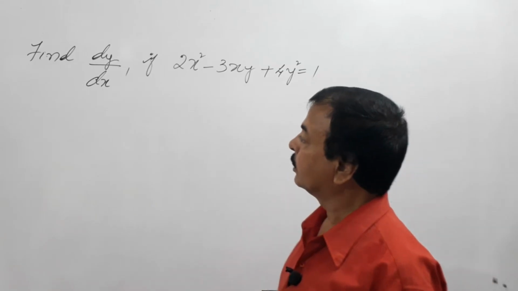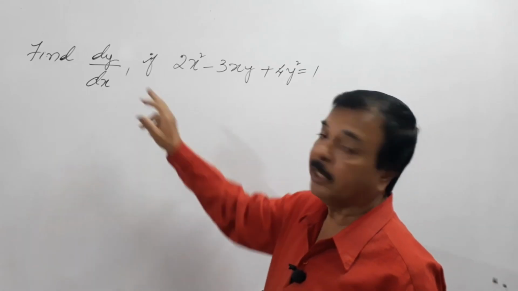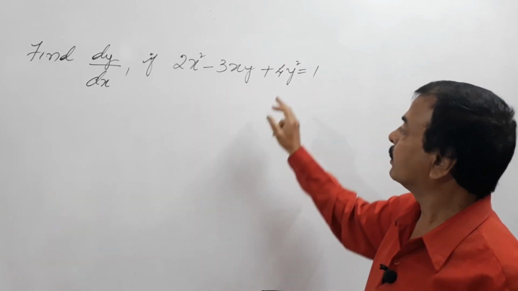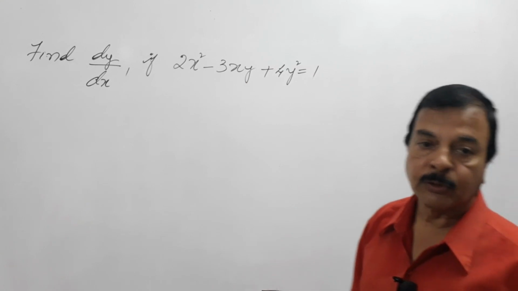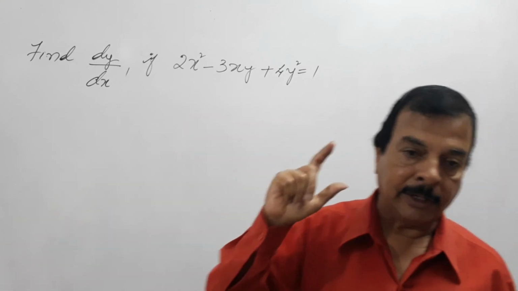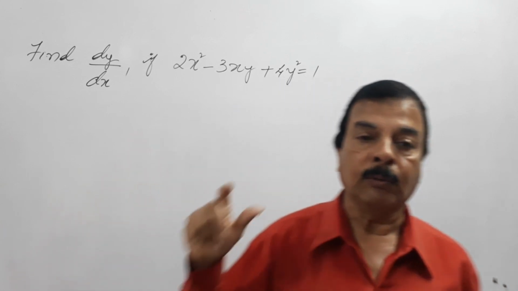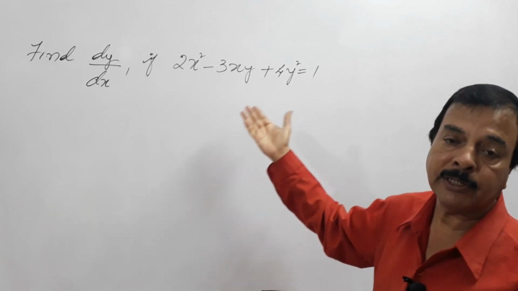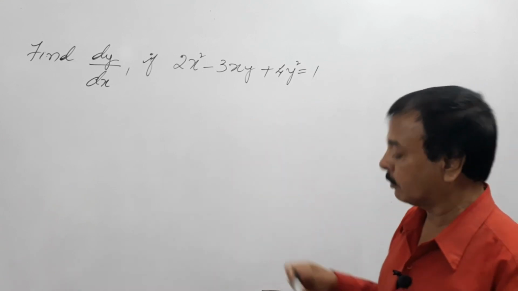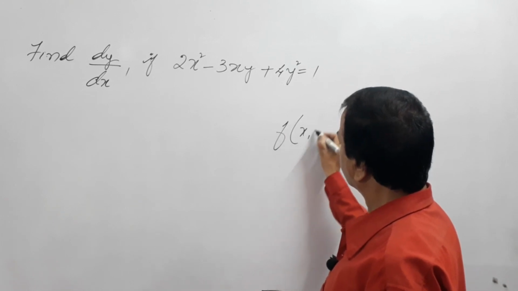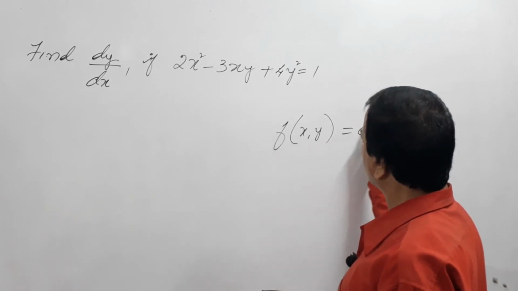So dear students, we have been given: find dy by dx if 2x square minus 3xy plus 4y square equals 1. So you have to find dy by dx. As the method I had told you, you have to use the implicit function and equate this to 0, that is f of x comma y equals 0.